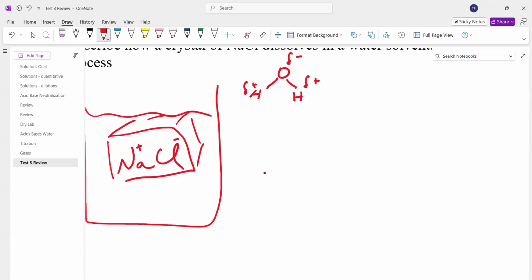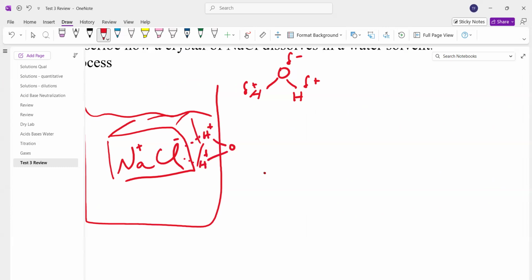But it's very polar. So what happens is the plus part of water attracts the negative part of the salt. So you get an attraction there.